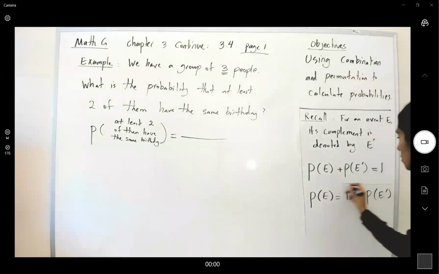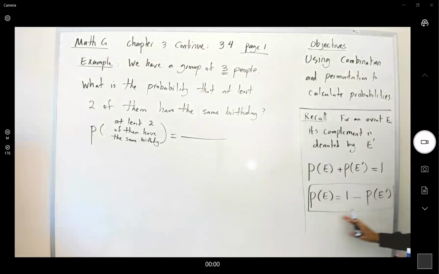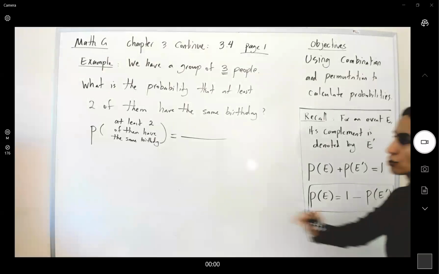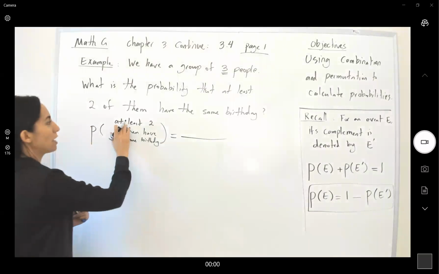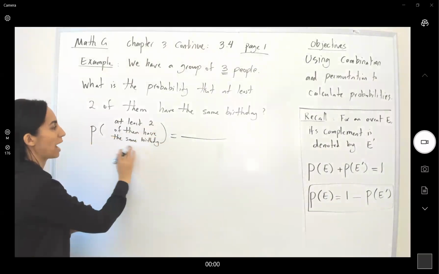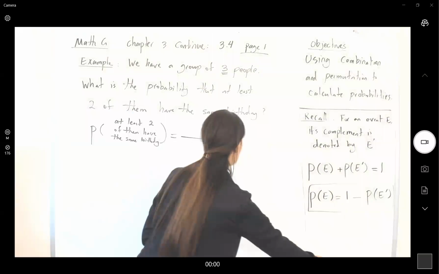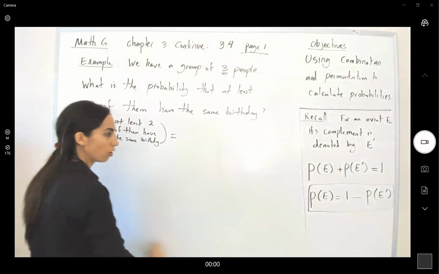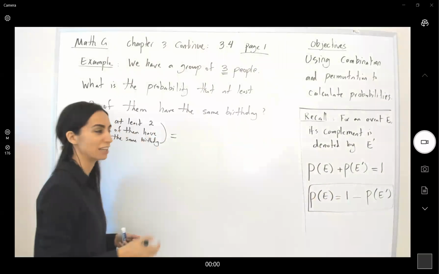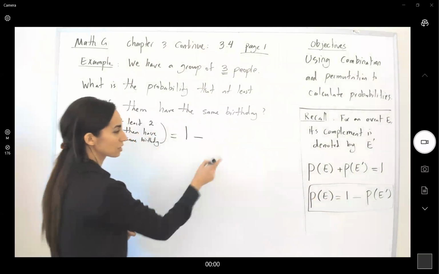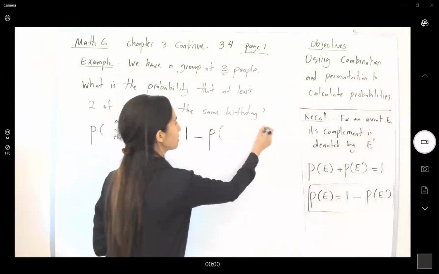Very good. So we're going to use the second equation here. The probability that at least 2 of them have the same birthday is equal to 100% minus the probability of the complement.